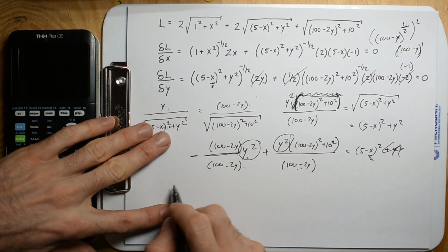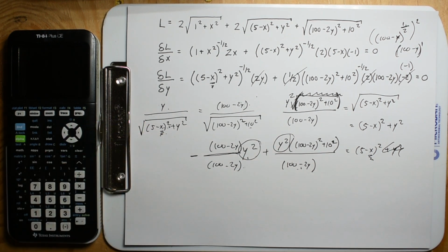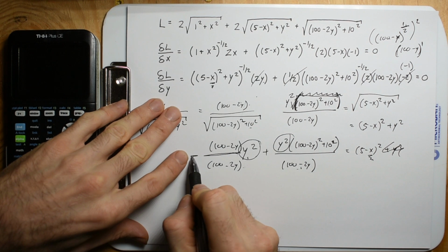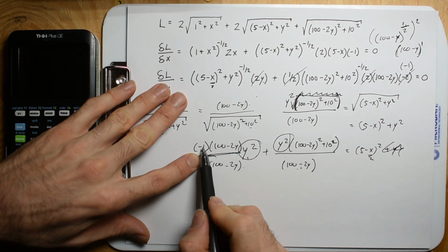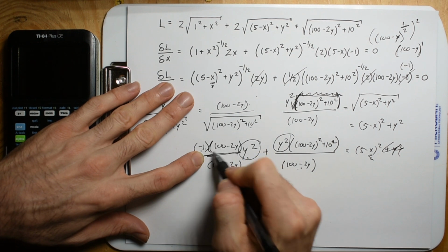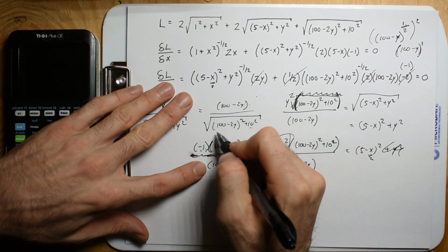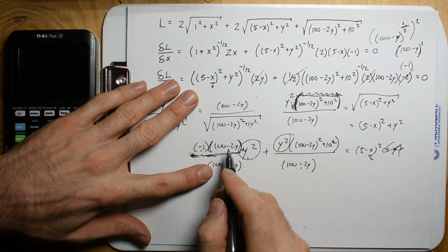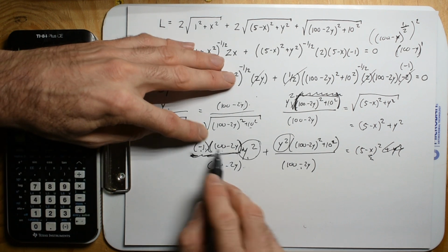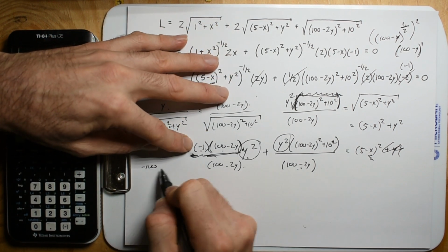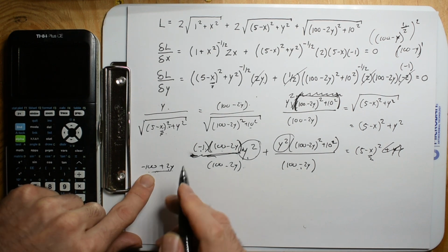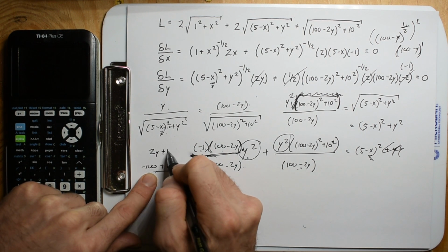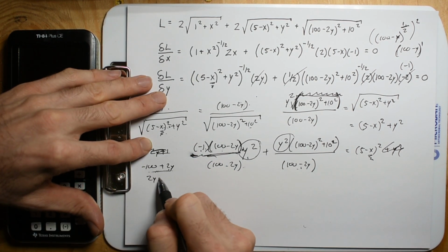Like here, this is a negative. This is the same thing as -1 multiplied into this. So why not just say this is, and we'll do this in 2 steps. That's going to be -100 plus 2y. But maybe this isn't a nice way to write it, so you can write 2y minus 100.